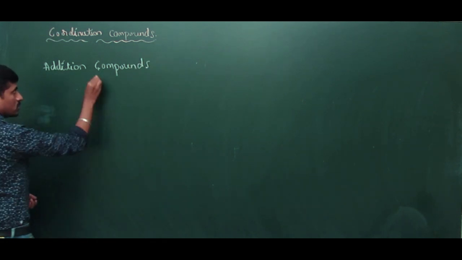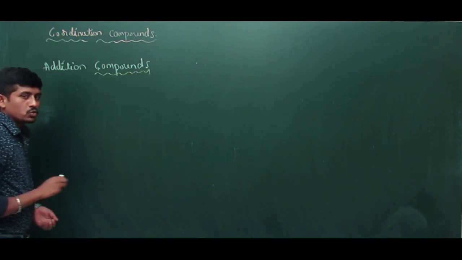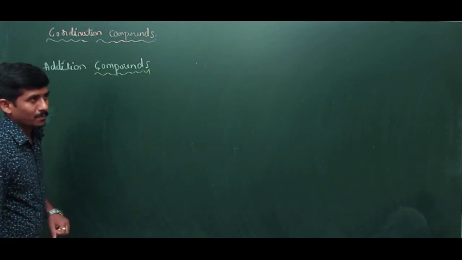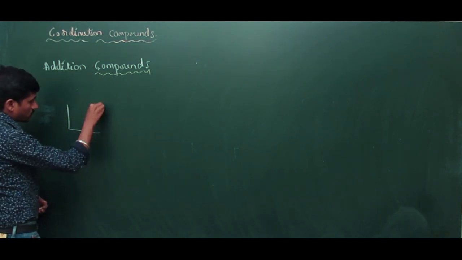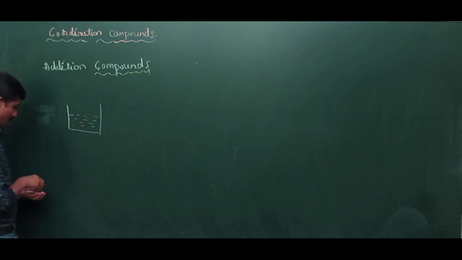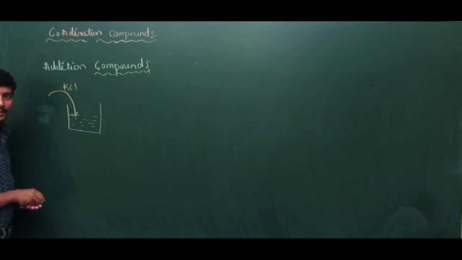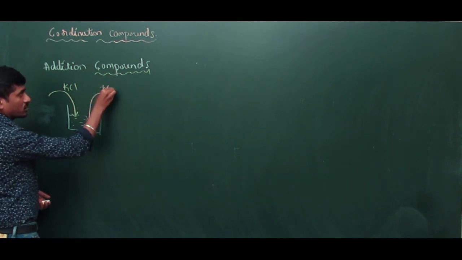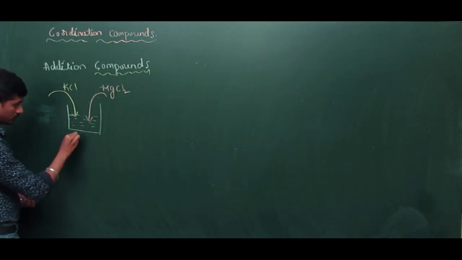Addition compounds are the compounds formed by the combination of two or more simple pure substances. Let's take an example. Consider a beaker with water, add KCl, potassium chloride, a simple compound, and magnesium chloride, MgCl2, and you will get a solution.